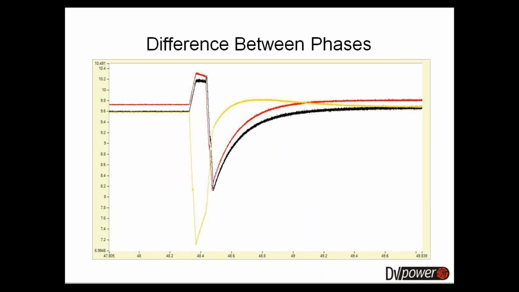And this problem is caused by phase C, or yellow phase in this case, operating 100 milliseconds faster than phases A and B. So here you can see that since the three phases are connected in parallel, and since they are supplied from the same current source, when one phase operates faster than the other two, it causes the other two phases to shortly have an increase of current.